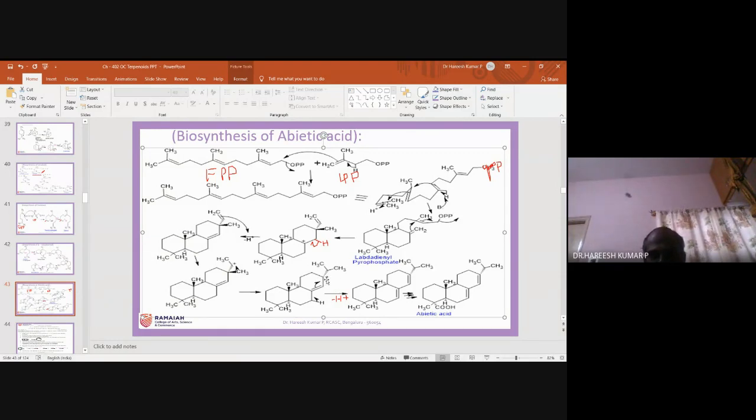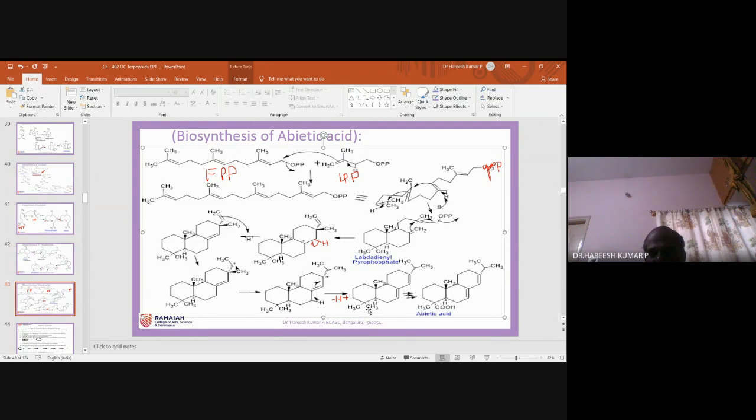Now there is a positive charge on this carbon. At this moment, the base part of the enzyme can abstract this proton, and this bond pair is coming over here. There is a formation of a compound like this. In 3 or 4 steps, it is possible to convert this intermediate into abietic acid. What is the difference between this and this?